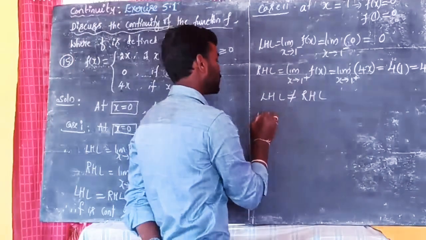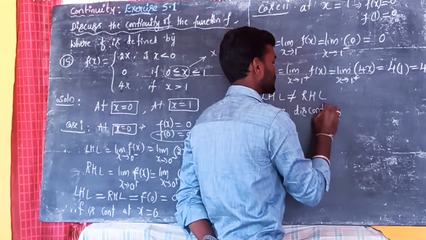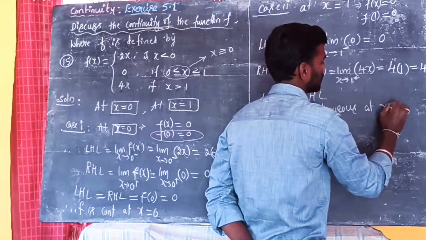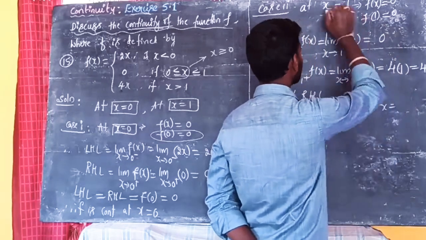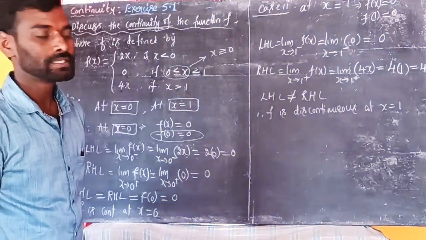Therefore f is discontinuous at x is equal to 1.